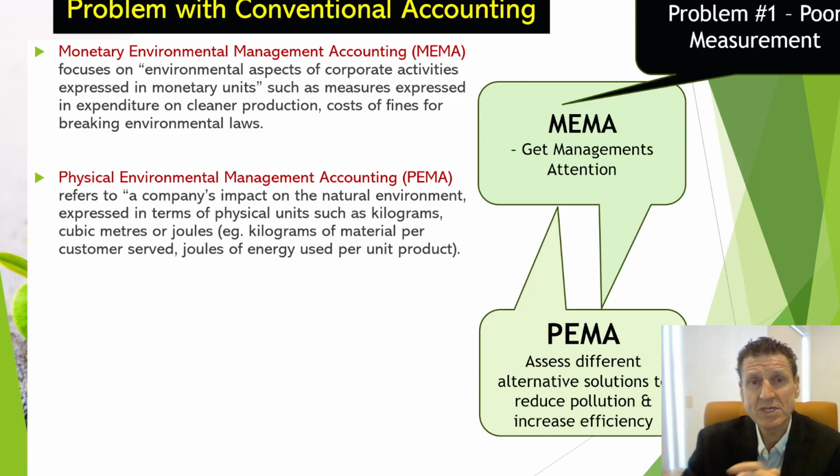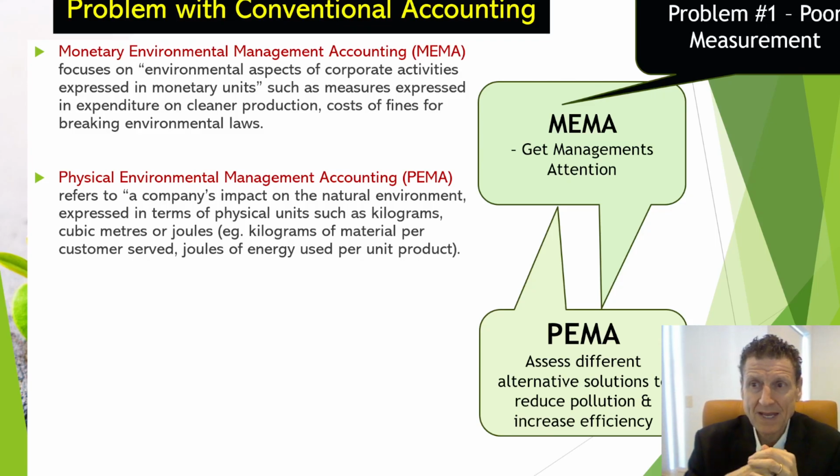You see, once you start measuring the actual physical resources associated with the environment, then you're in a better position to think about how you can better control your environmental footprint or your environmental costs, because control starts with the physical resources, not with the monetary value.